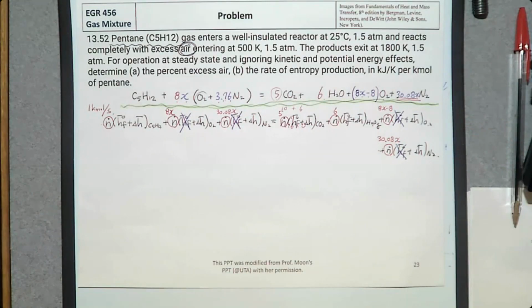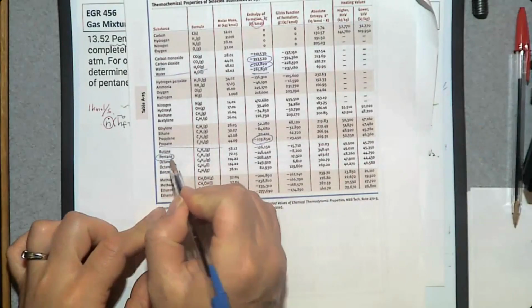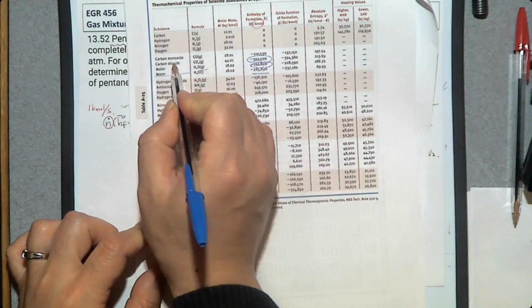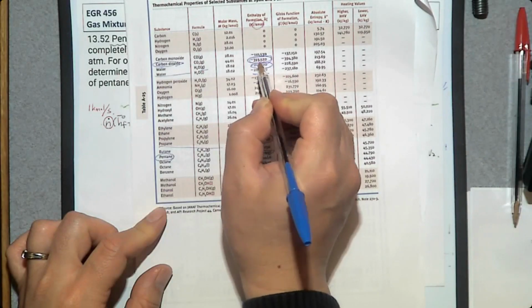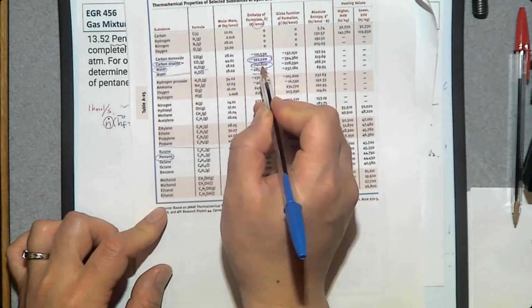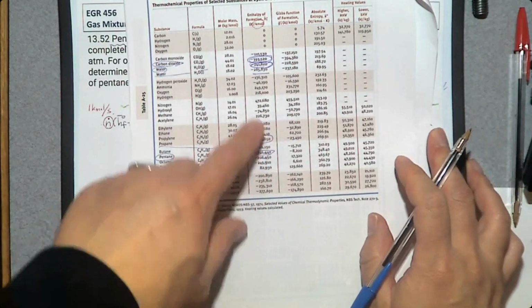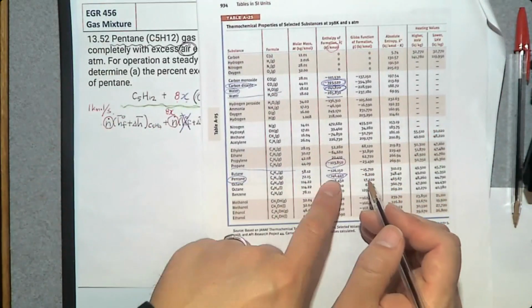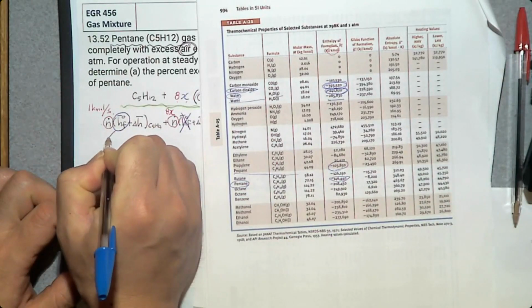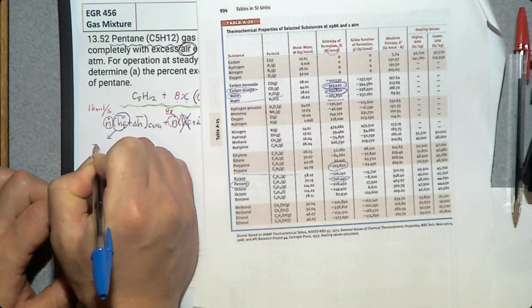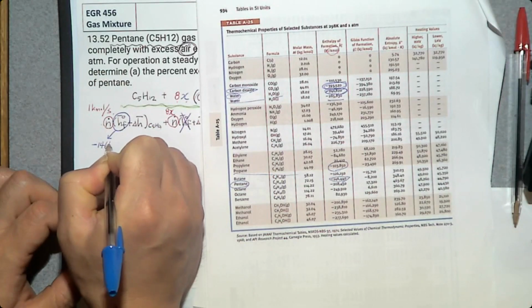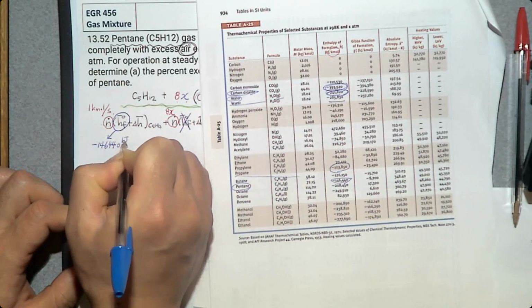Now let's determine the enthalpy of formation values for the other components: pentane, carbon dioxide, and water vapor. Let me write these three here. First, pentane: minus 146,440 kilojoule per kilomole.